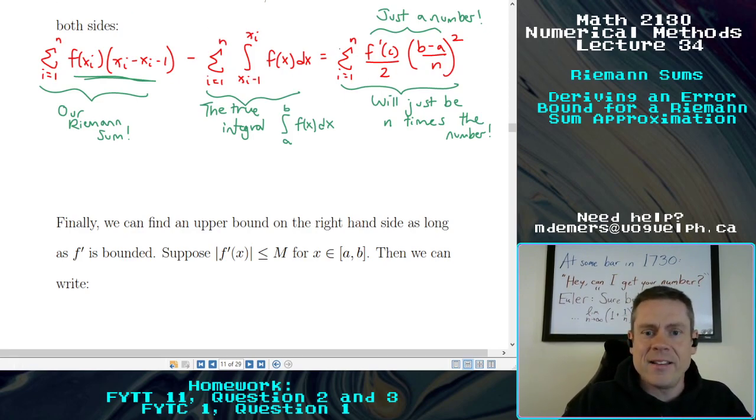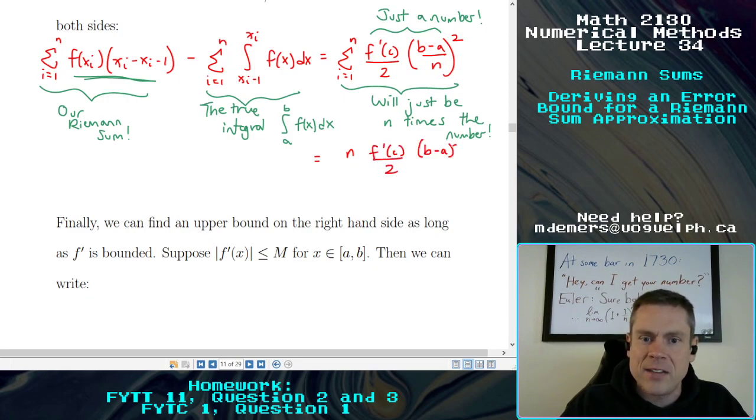This is going to be n times this stuff. We're going to get n times f prime of c over 2. I'm going to write here (b minus a) squared over n squared. You can see that the n's might cancel. And what we're going to do is take the absolute value of both sides.